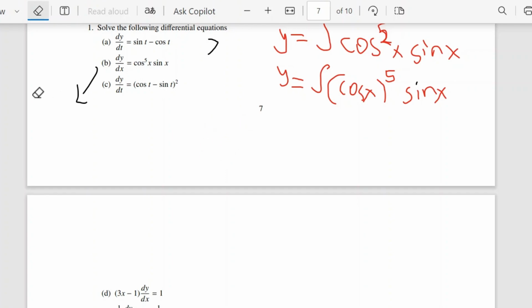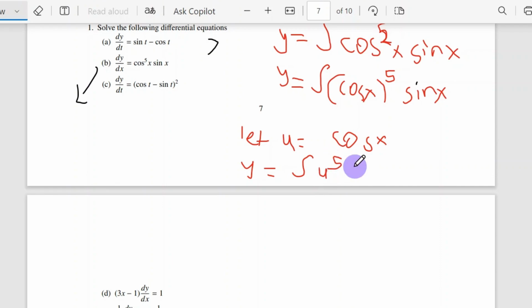Let us start by saying let u equal cos x, right? So now y is equal to the integral of u to the power 5 sin x.